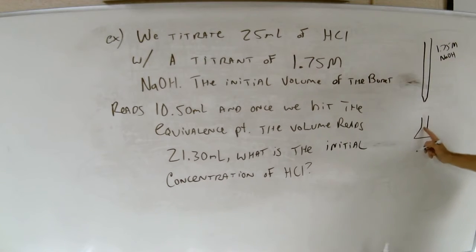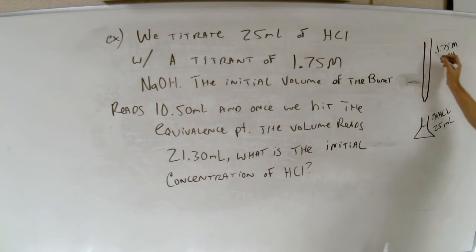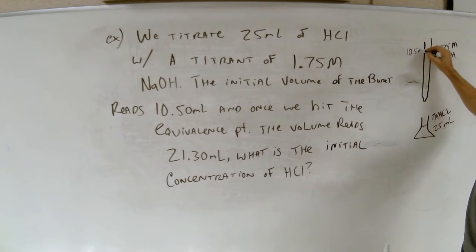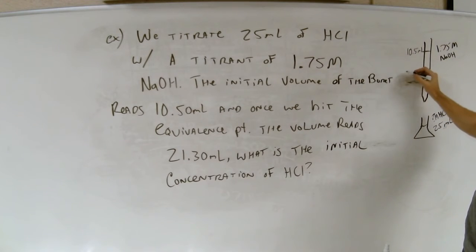This is my titrate. And I know I have 25 milliliters of HCl down here, some unknown concentration of HCl. The burette initially reads 10.5 milliliters, and then after titration it reads 21.3 milliliters.